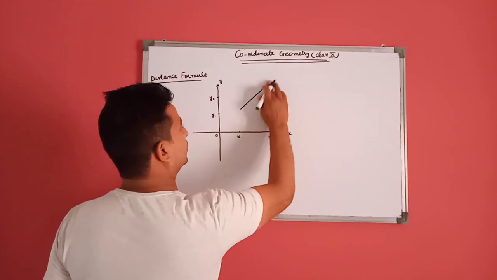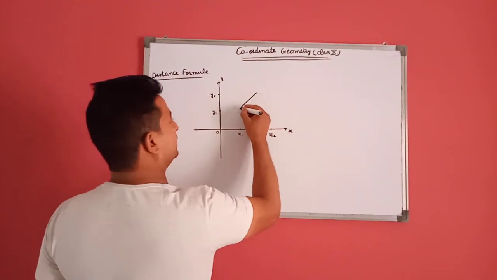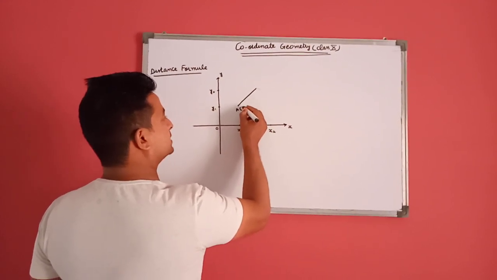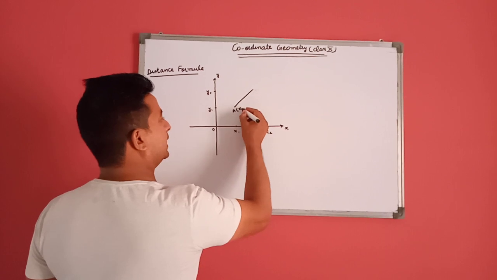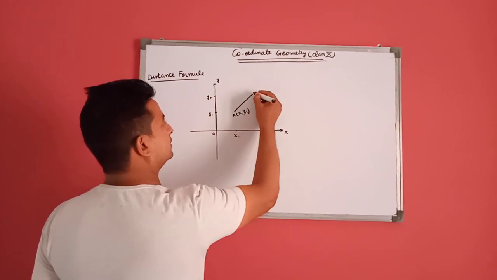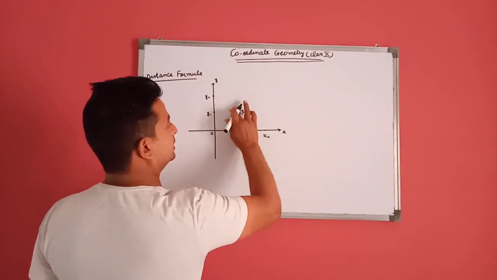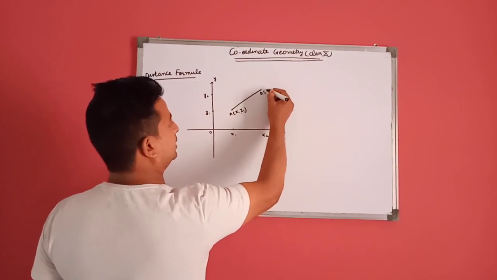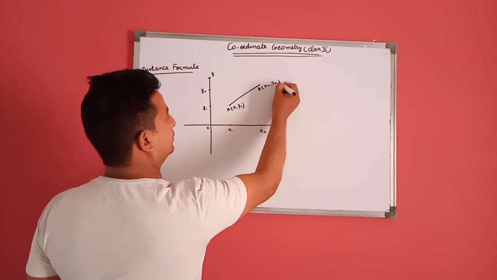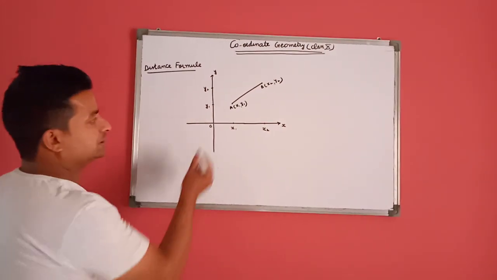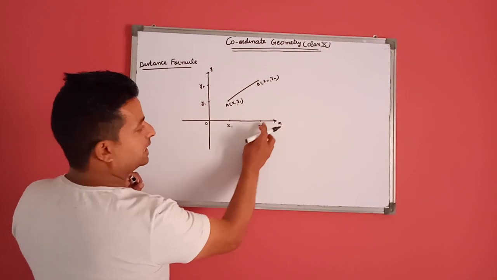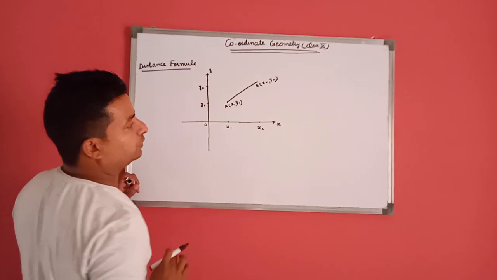These are the 2 points. This point is A (x1, y1). This is point B (x2, y2).